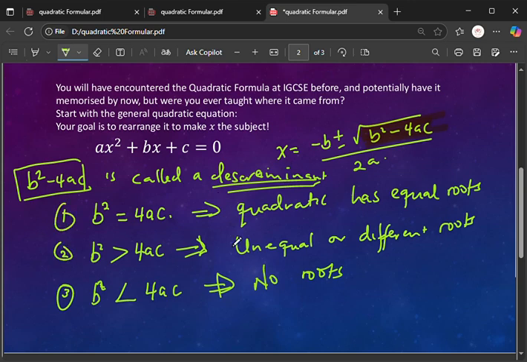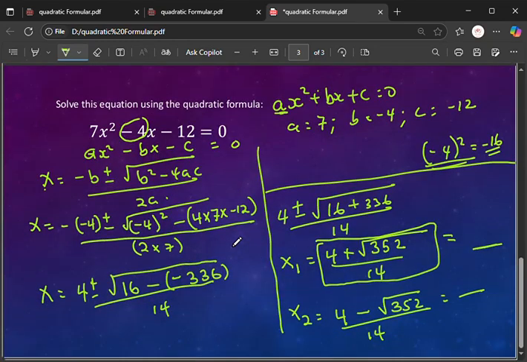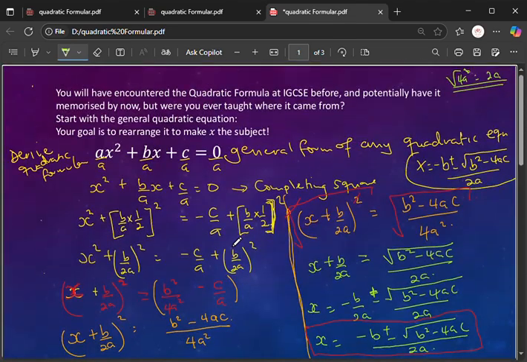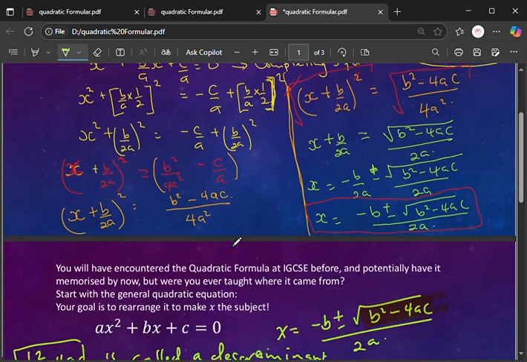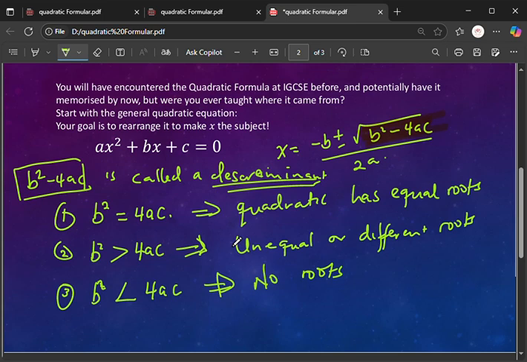So basically, you can take these notes and you can look up 9709 past papers, CIE past papers, and you can find some quadratic equations, practice how to use the quadratic formula to obtain the roots, practice how to derive the quadratic formula. It helps you practice using completing the square, and also learn what the discriminant tells you about a particular quadratic.